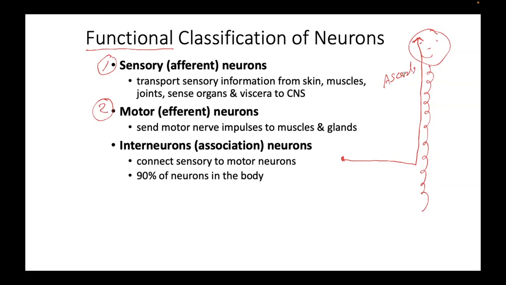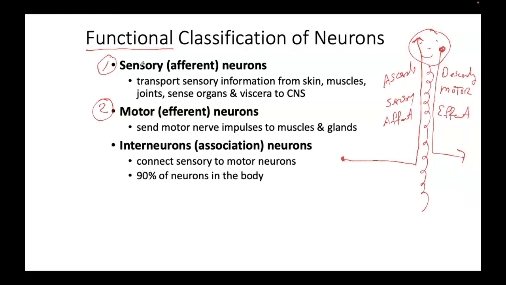When it ascends up, that is sensory information, which is also afferent information. Information that starts in the brain, goes down the spinal cord, and goes out to your limbs and your muscles and your organs, that's descending information. That's motor information, and that's efferent information.